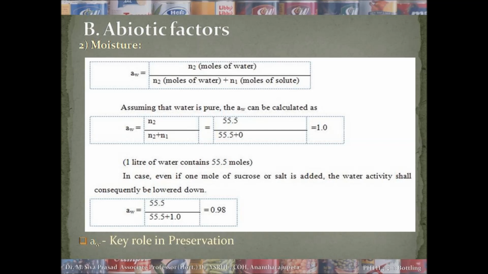Then you will see in what aspects the bottling process differs from the canning process, in terms of sterilization, exhaustion, leaving the head space, and various other aspects that come across in the process of storing fruits and vegetables in bottles.